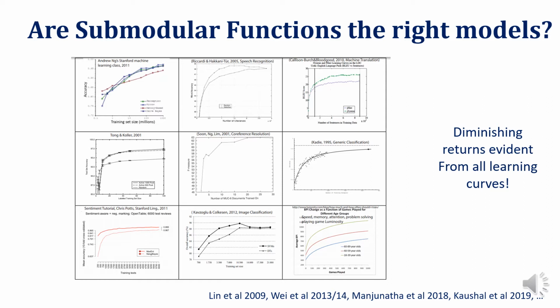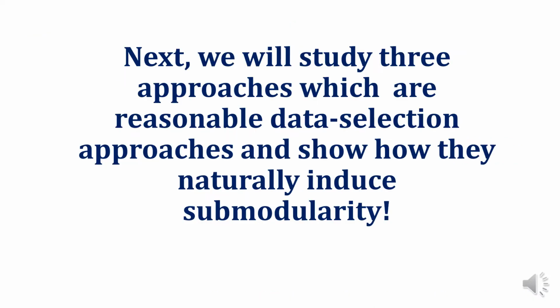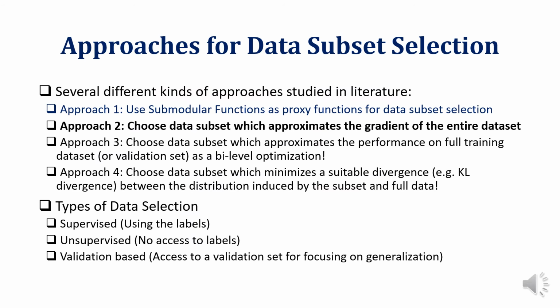So hence it just makes sense to use submodular functions. Can we move beyond submodular functions as proxy and see what can be done with the actual objective itself? Can that be submodular? So we'll study 3 approaches which are reasonable data selection approaches and show that they naturally induce submodularity. So we move now to approach 2.